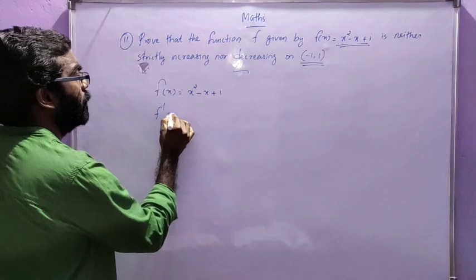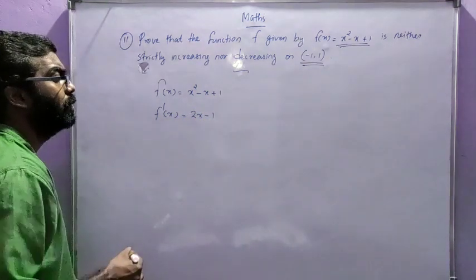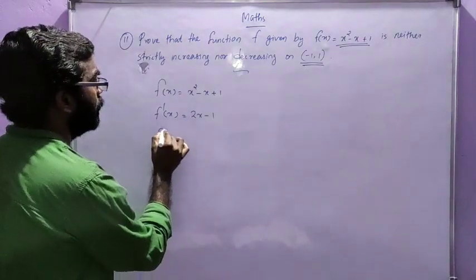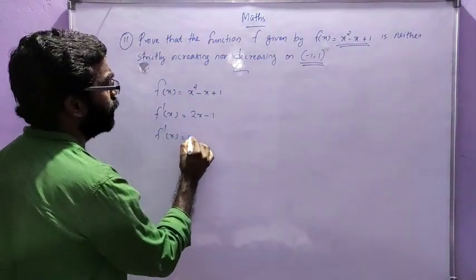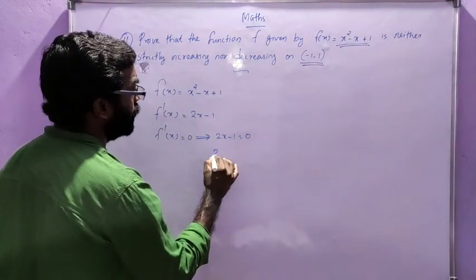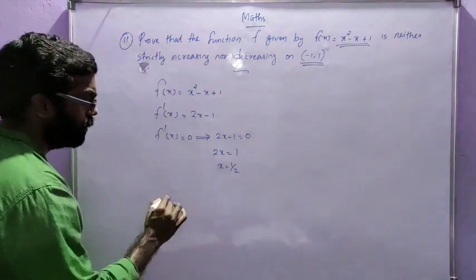Then we can find the derivative f dash of x equal to 2x minus 1. In order to find the intervals, we can equate this first derivative to 0. F dash of x equal to 0 implies 2x minus 1 equal to 0, which implies 2x equal to 1, x equal to 1 by 2.